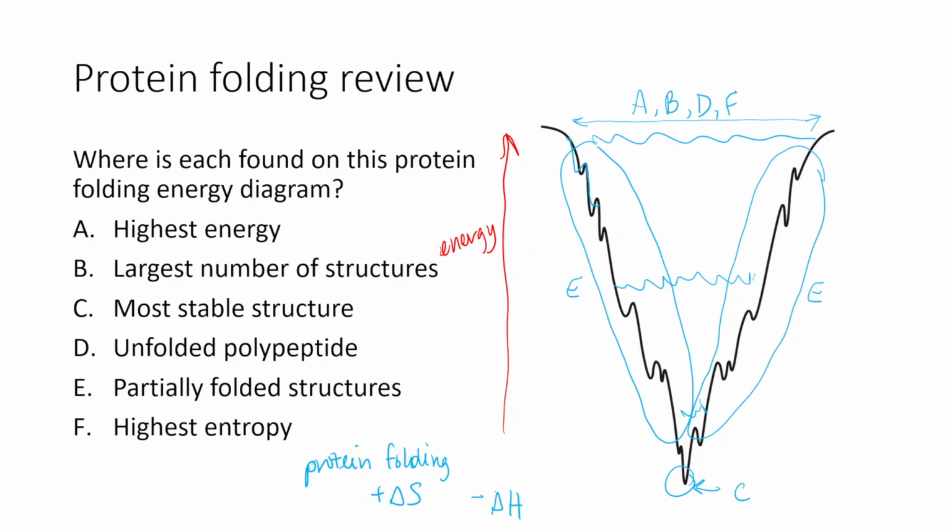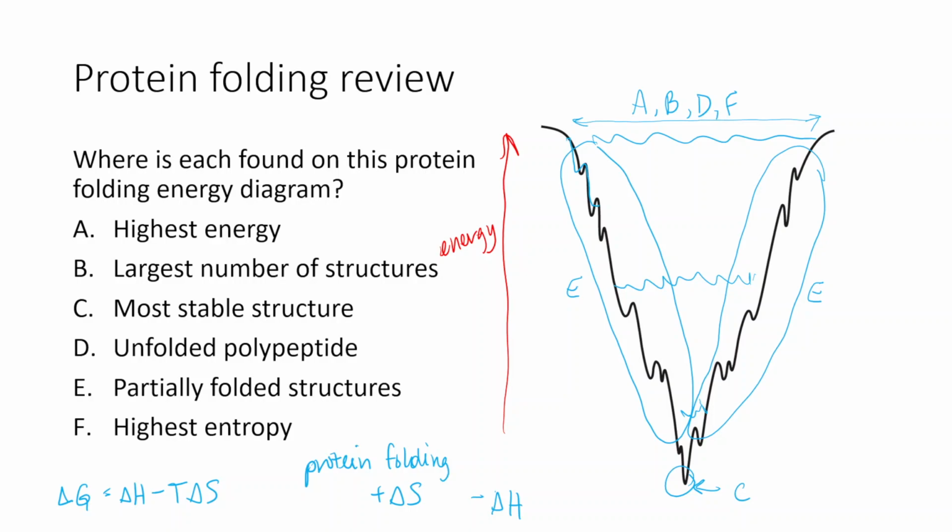Sorry if you can see that. So you have this balance, right? If you remember our Gibbs free energy equation, G equals delta H minus T delta S, and we want our delta G to be negative for this reaction to be spontaneous. So now you can figure out what conditions the protein is going to fold in based on temperature.